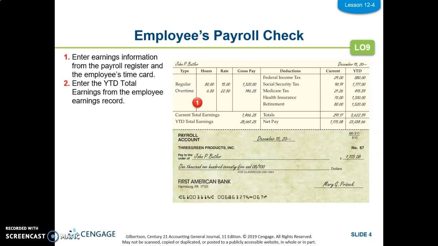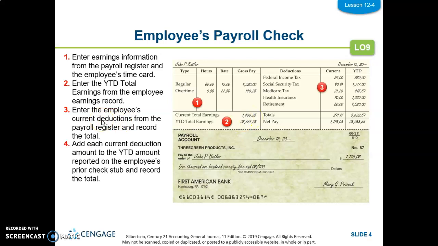So we'll enter the earnings information from the payroll register and the time card here. Then we'll enter the year-to-date total earnings from the employee here. And then we'll enter the current deductions from the payroll register and record all over here. So these are our current ones from the payroll register.